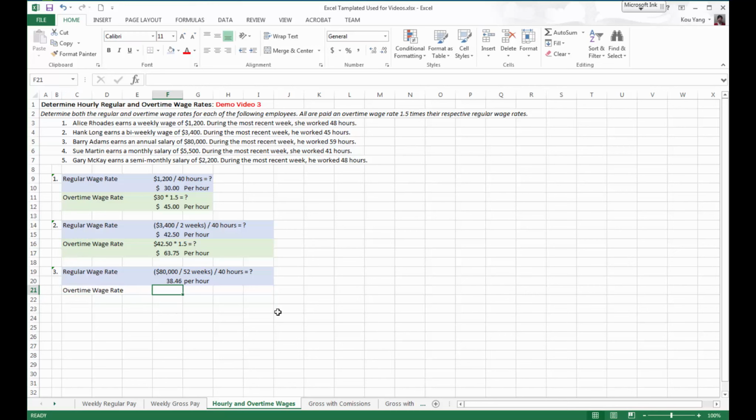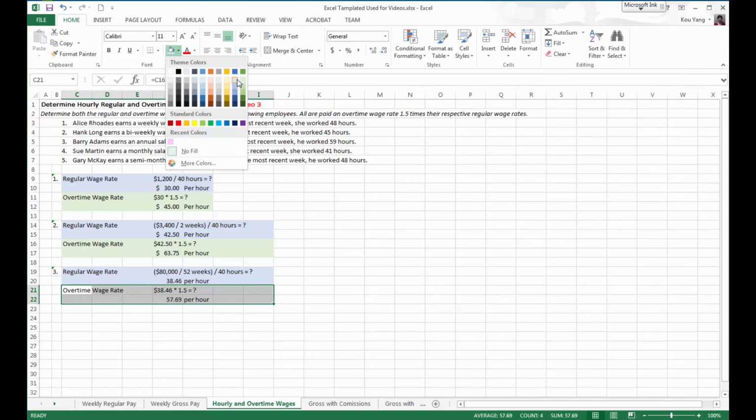For his overtime rate, once again, we're going to take that $38.46, which is his regular rate, times 1.5. We're going to calculate that down here to equal $57.69 as his overtime rate.